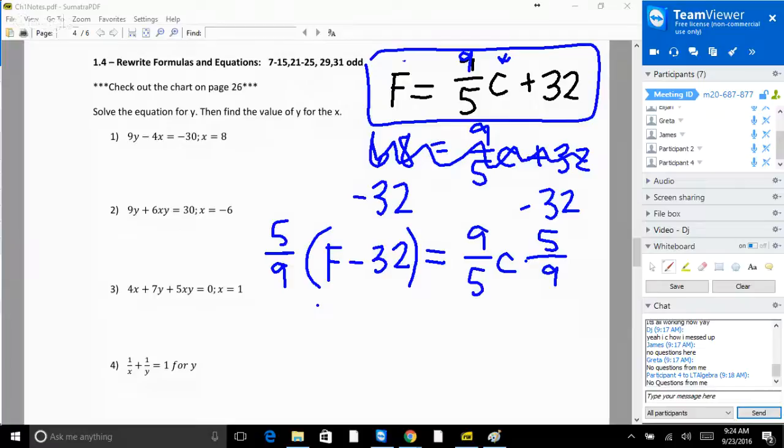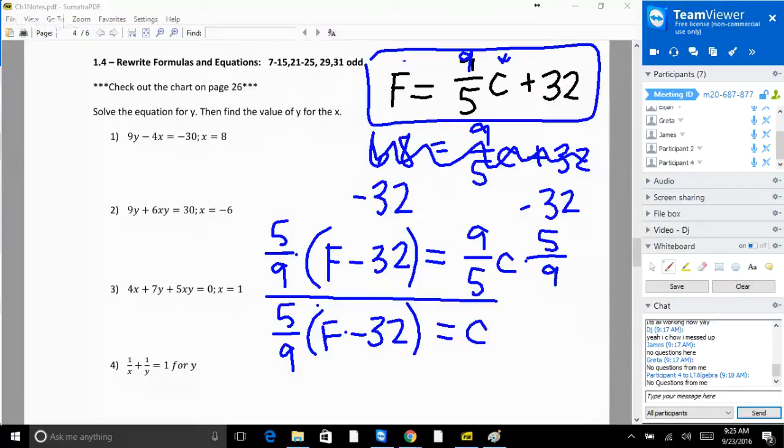So I added the 5/9, but I also put parentheses around F minus 32 because it's multiplying both. I'm left with 5/9 times (F minus 32) equals Celsius.